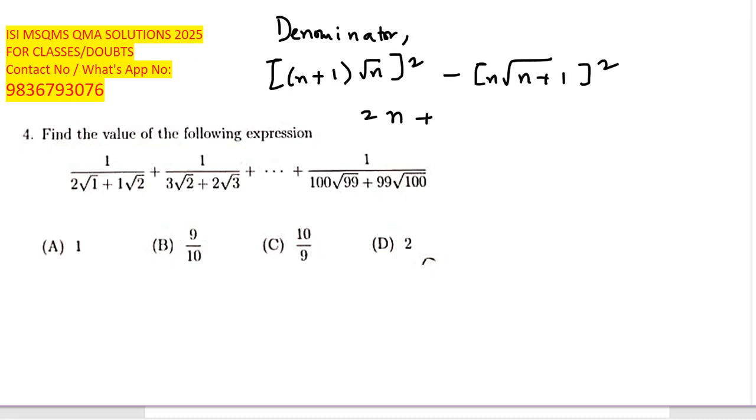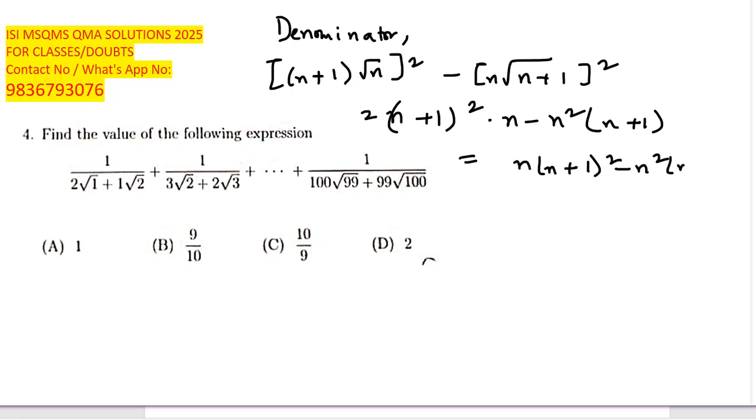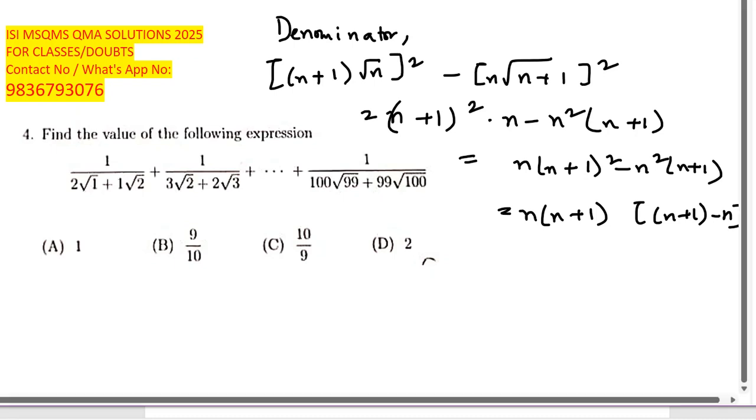So that is (n plus 1) square n minus n square (n plus 1). So that is n (n plus 1) times (n plus 1 minus n), so that is n (n plus 1) multiplied by 1.